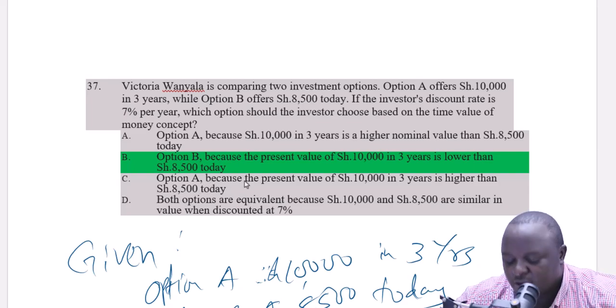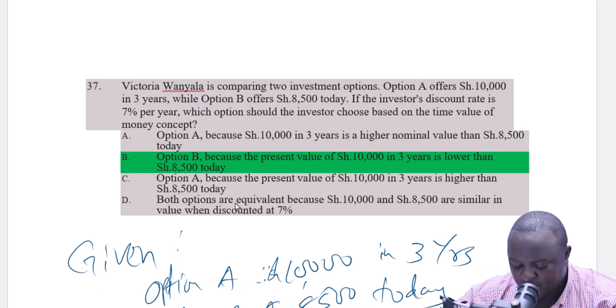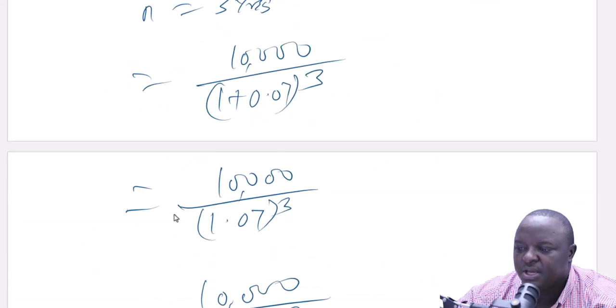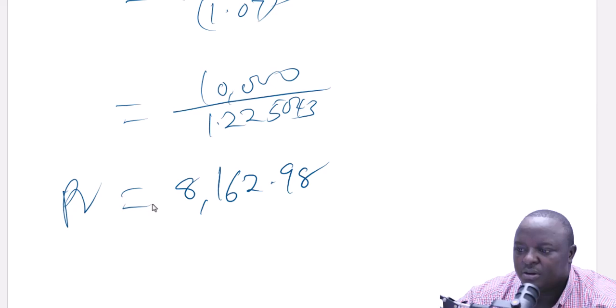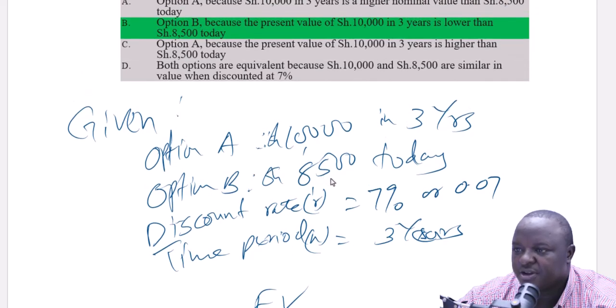If you look at the other options, we will check on those. Option A, because the present value of 10,000 in 3 years is higher than 8,000 today, doesn't make sense. So the right answer is option B, because we have found the present value for option A today is 8,162, whereas the one for the other project is 8,500.